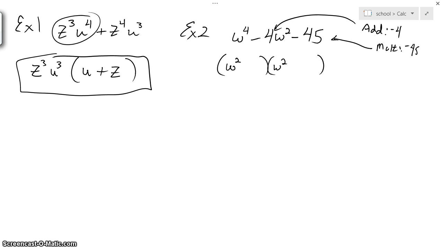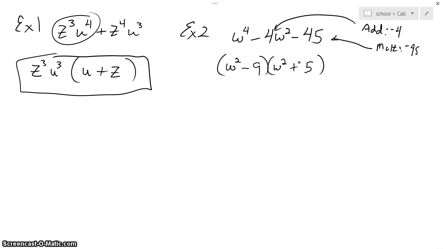Well, just giving a little bit of thought, thinking about what numbers might multiply to 45, you might think of a 9 and a 5. 9 times 5, in fact, will multiply to a 45, and 9 and 5 are 4 units apart. If I were to make the 9 a negative and make the 5 a positive, negative 9 plus 5 would be negative 4. And at this point, we would be very tempted to stop.